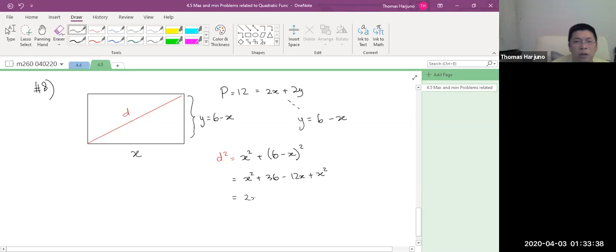That's 2x squared minus 12x plus 36, such that the distance is the square root of that expression.